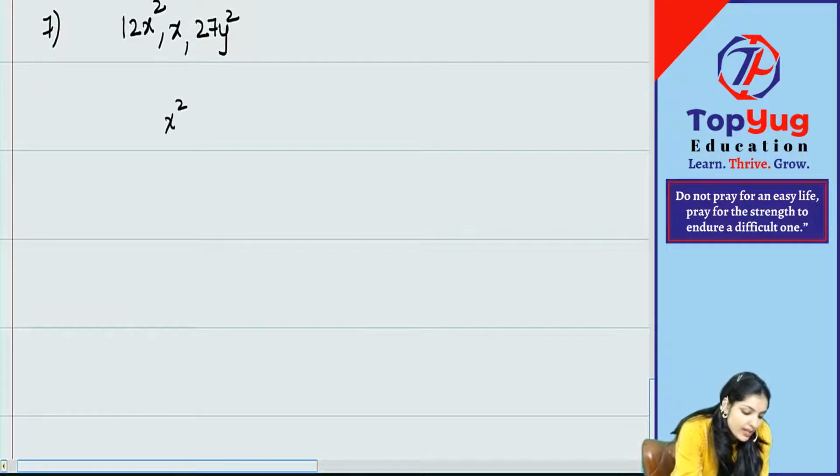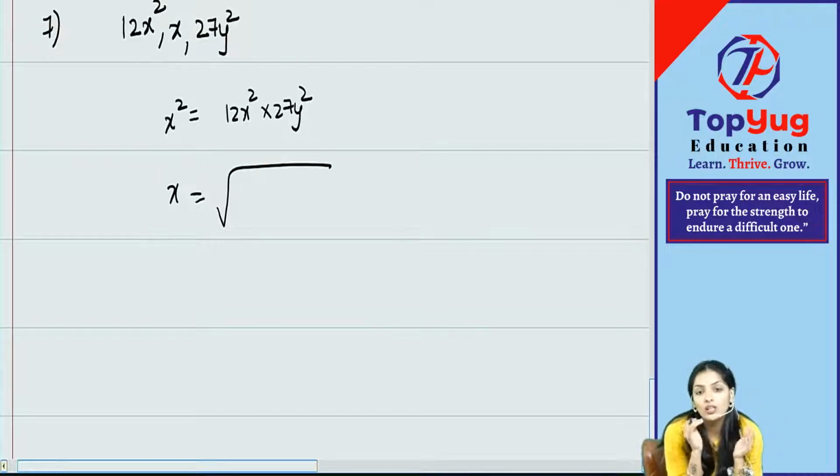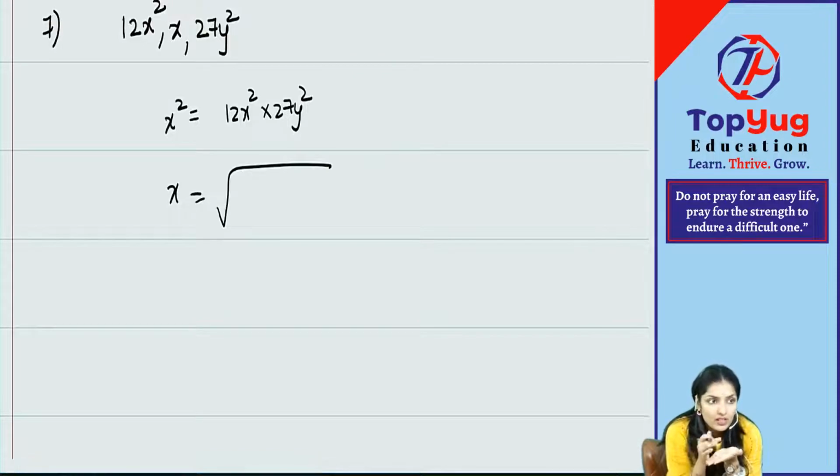So we know x square is equal to 12x square into 27y square. So x is equal to square root of, guys, now if we have calculator, we can directly do 12 into 27 and then whole root. You can do it that way. So I would prefer you people to be doing it that way only.